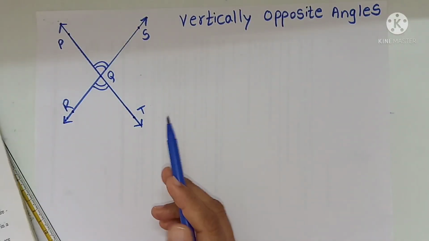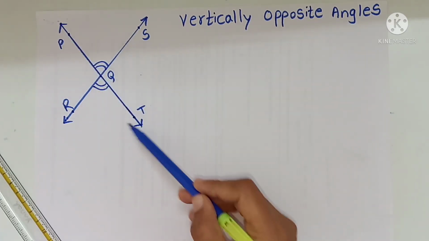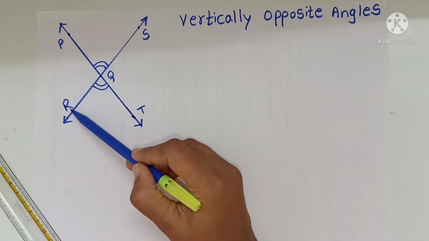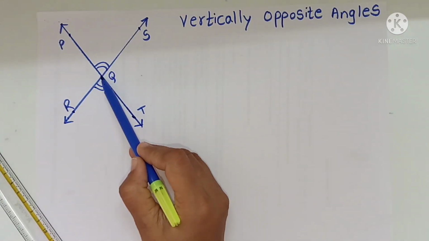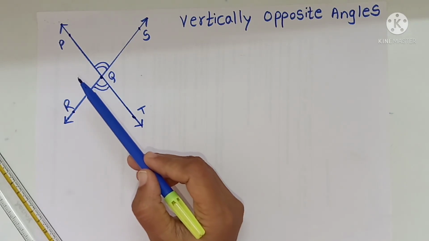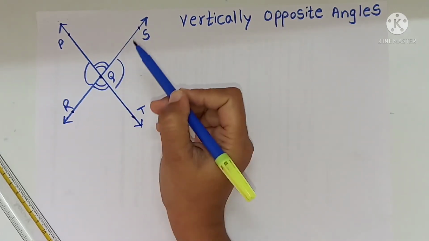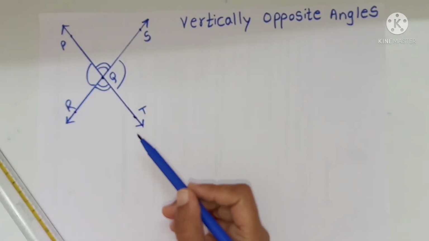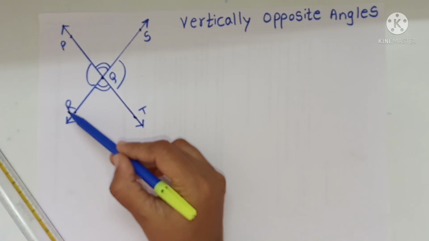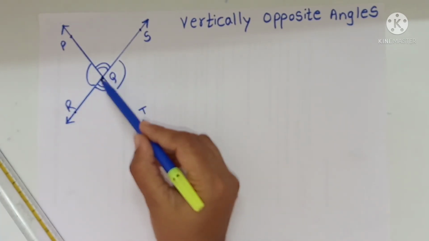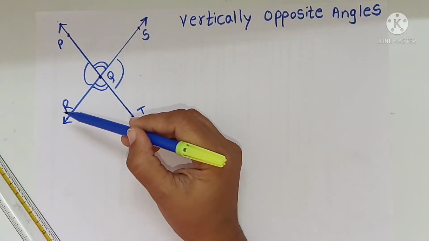Now in the figure alongside, line PT and line RS intersect each other at the point Q. Thus, four angles are formed. Angle PQR is formed by the rays QP and QR.